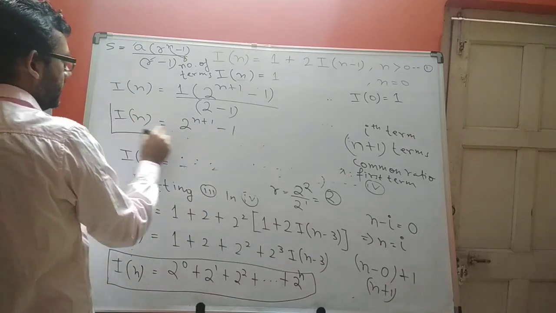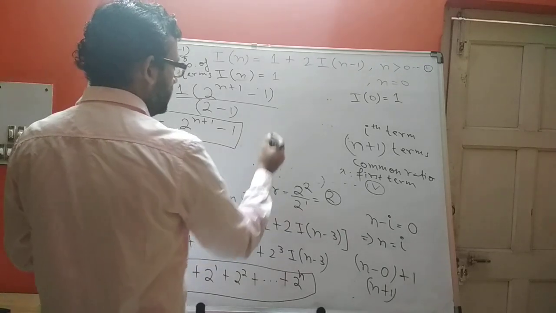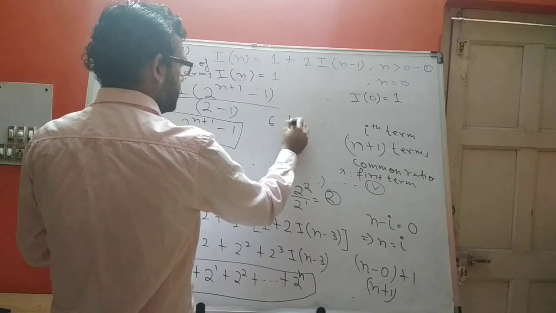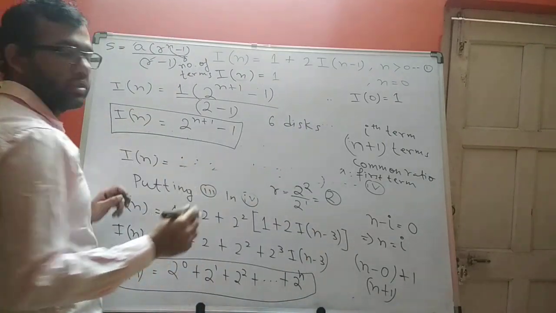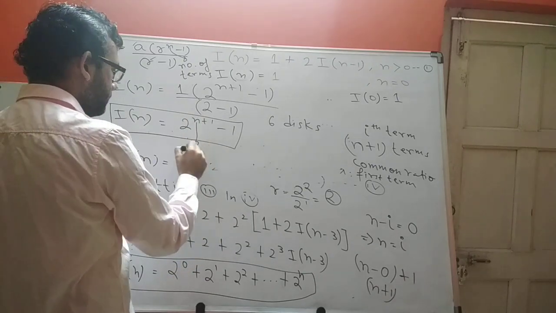So this is the expression for number of function invocations. That means, let's say you're asked a question like this: given 6 disks, find the number of function invocations required. So what would you do? You would simply substitute. Here n refers to the number of disks.